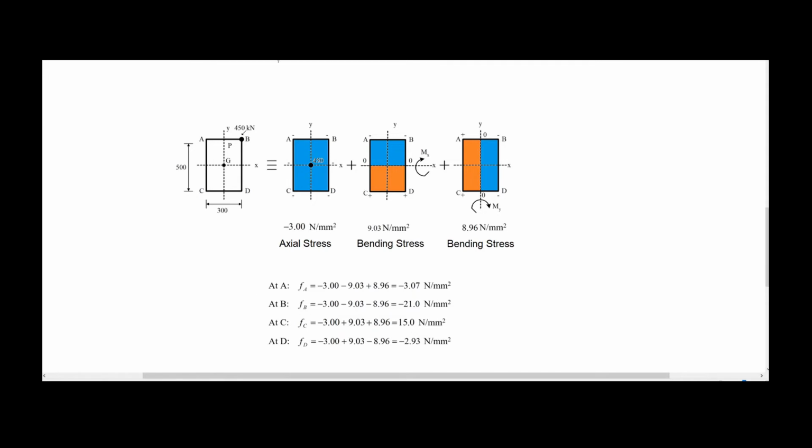So you can do exactly the same analysis for every single point. So if you center your attention on this second point, you do exactly the same. The first value, as you see, for every single case is -3 because this is uniform and constant along the whole cross section.